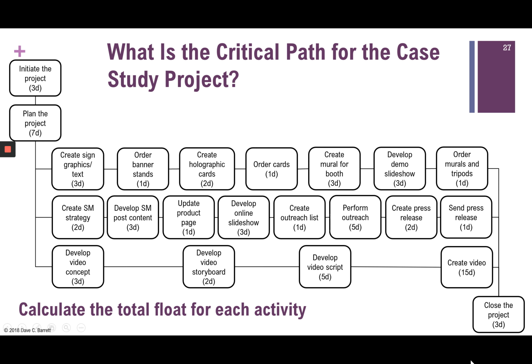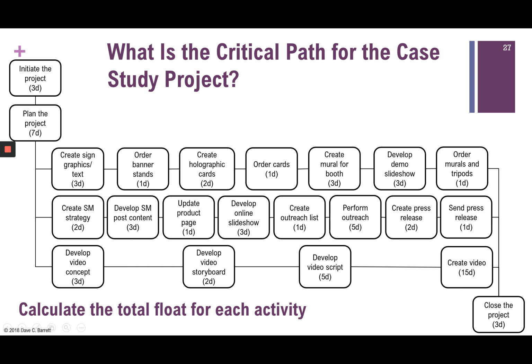One goes here and down to there. One goes in the middle and then down to there. And a third goes across here. The critical path, if you do the math, is the bottom one: initiate project, plan the project, and then the video activities.